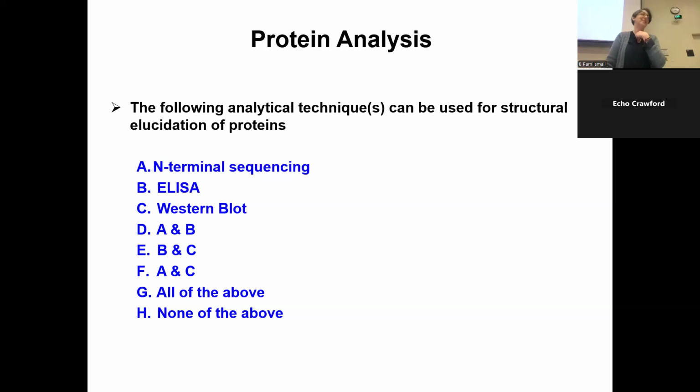Just A. ELISA and Western blot, they are immunoassays. So it just tells you whether your protein is immunoreactive or not. It doesn't really tell you the MS composition, or sequence, or surface hydrophobicity, or any particular structure related information.